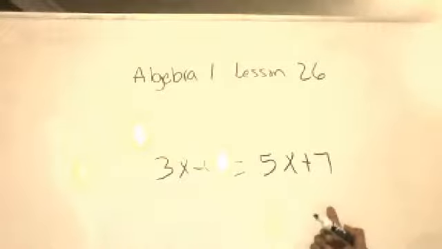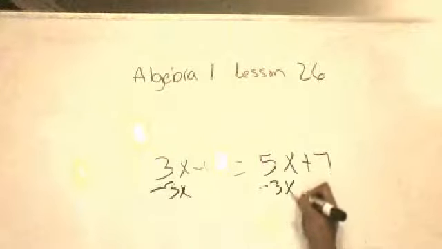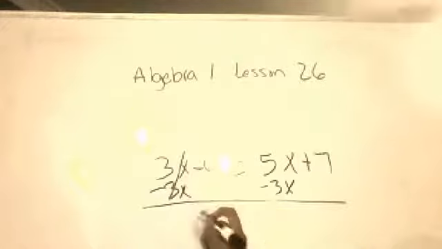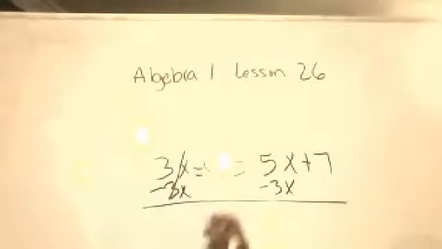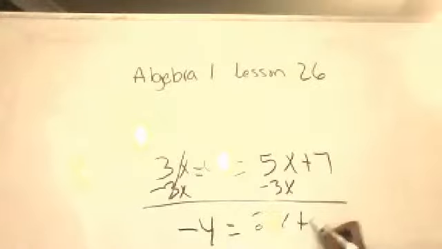So I'm going to subtract 3x from both sides. Remember, that's the opposite of positive 3x. It simply cancels. You can't forget this negative here. So that's simply negative 4 equals 2x, because the signs are different, so you find the difference in the coefficients, plus 7.